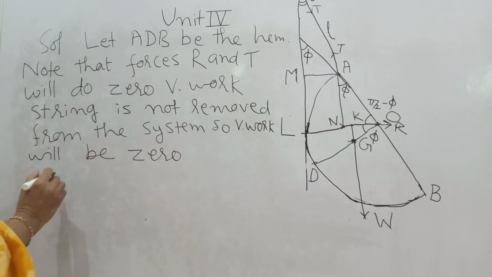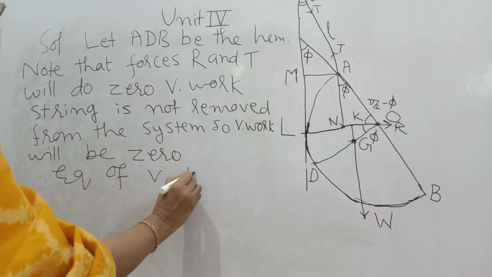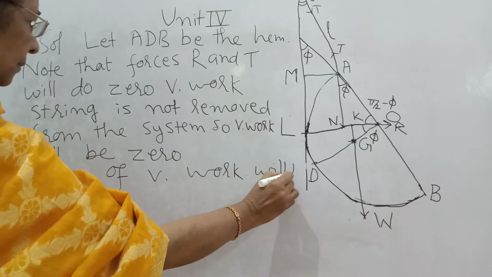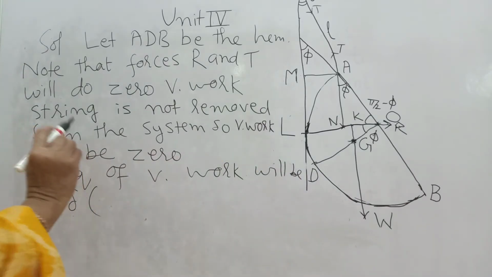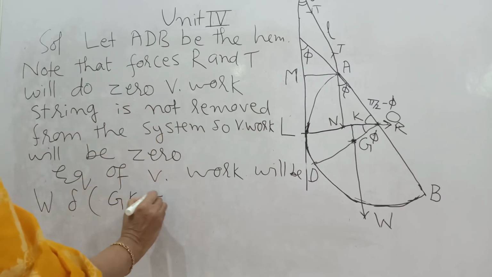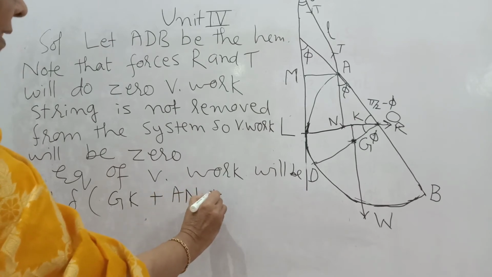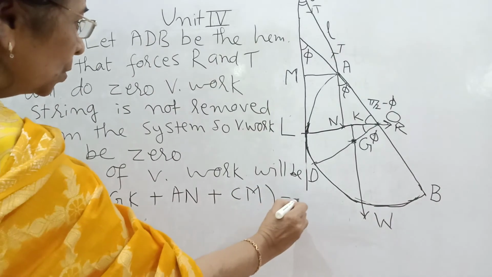So let us write down the equation of virtual work done. It is simple. W delta of the length GK plus AN plus CM is equal to 0.